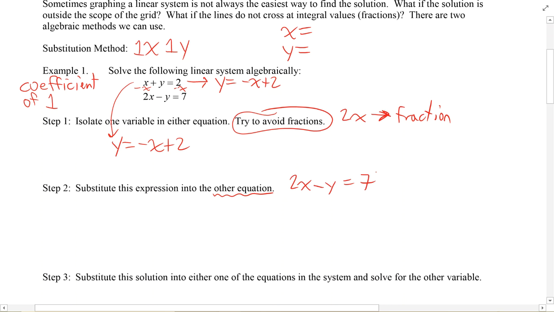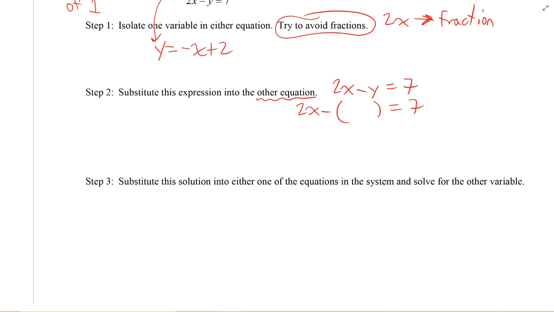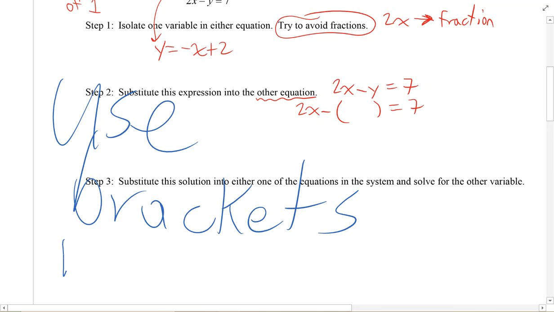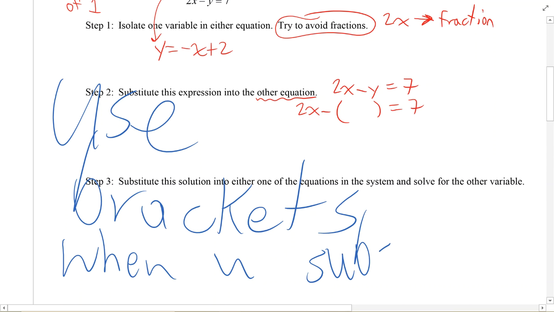So we get 2x minus, and for y, you have to use brackets when you substitute. Let's write this down, as important as it is: use brackets when you substitute.